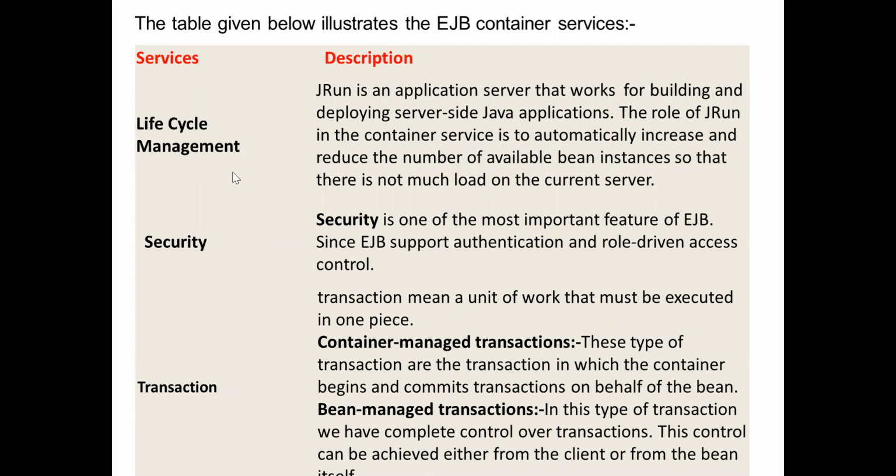Life cycle management means we run the Java application, and it works with deploying the server-side Java application. The role of JRun in the container service is to automatically increase and reduce the number of available bean instances so that there is not much load on the current server.